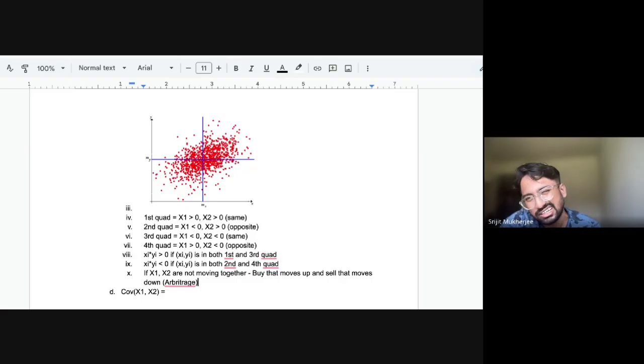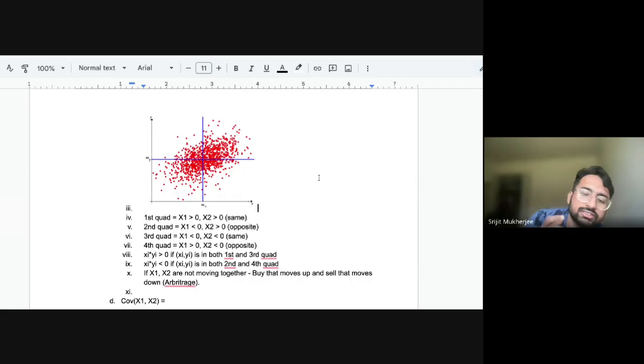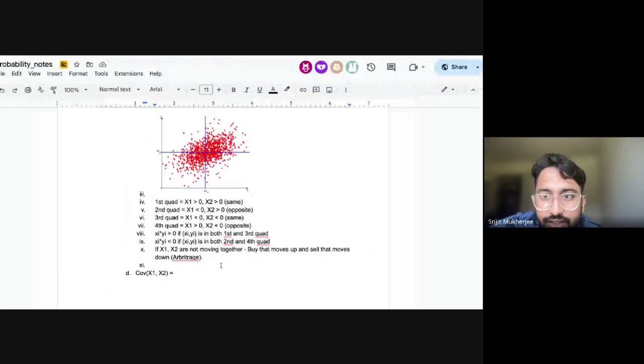But essentially, if they're moving together, it's not really fun. Arbitrage means you can find those opportunities. That's the whole idea. So that's one way of thinking about it.